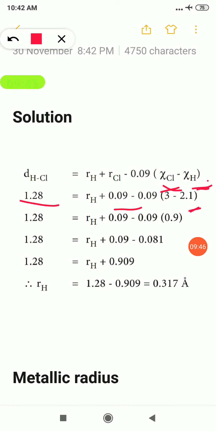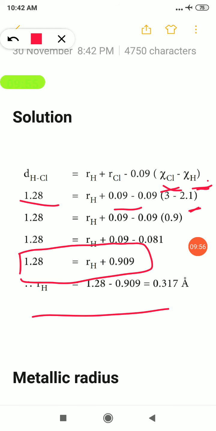So after substituting all these values, we get 1.28 is equal to RH plus 0.909, then RH is equal to 1.28 minus 0.909, that is equal to 0.317 angstrom.